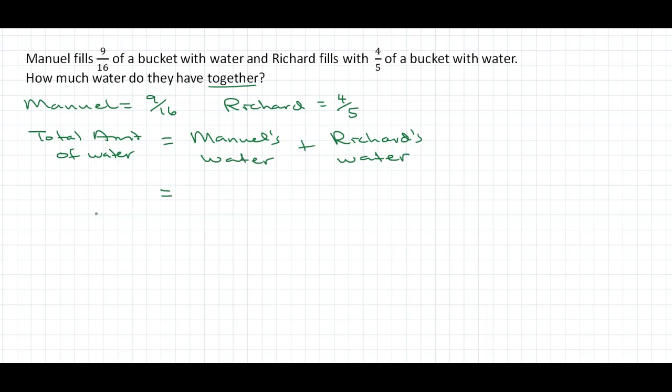And then we're going to replace these words with the numbers or the values that represent them. So Manuel's water is 9/16, and then Richard's water is 4/5. So now we have different denominators. So we need to come up with a common denominator here.